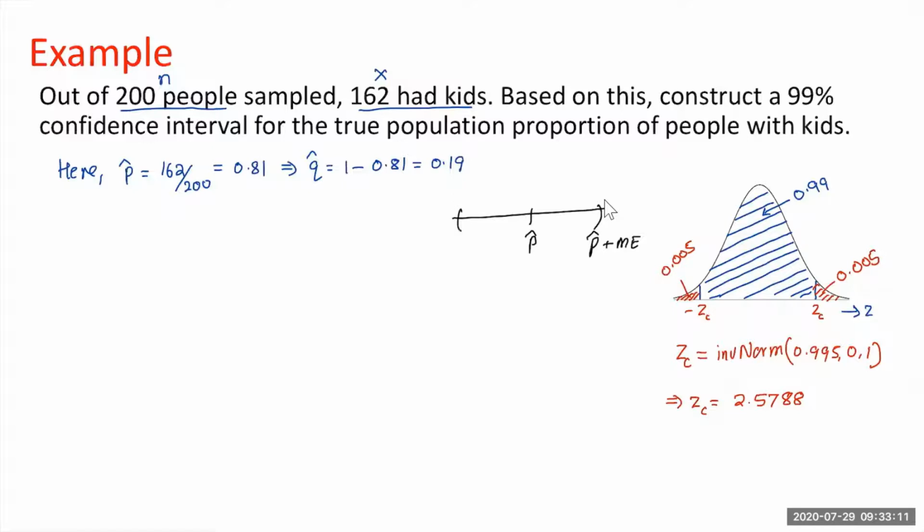On this side, we subtract, so p hat minus margin of error. With 99% confidence, we say that the true population proportion, which is p, lies in this interval. So what I need is the p hat, the point estimate, and the margin of error to add and subtract. So let's find that.